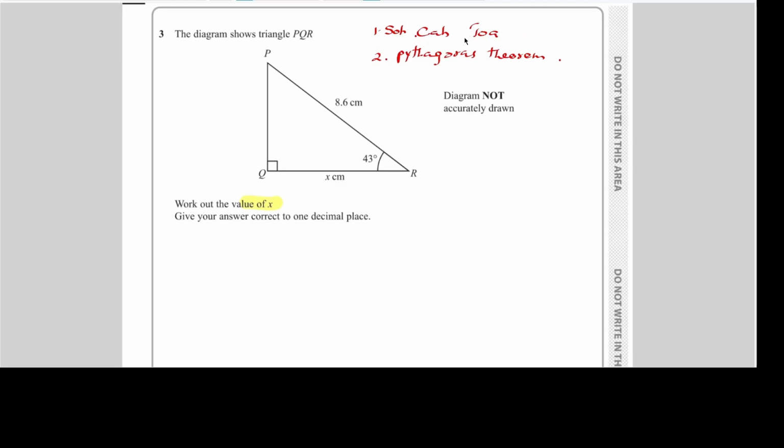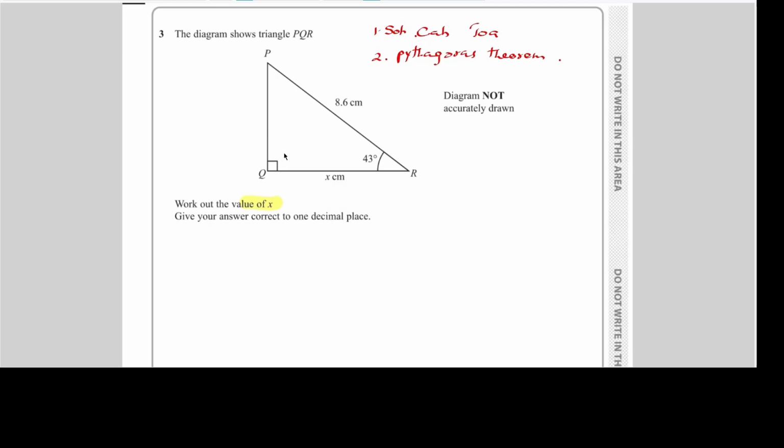SOHCAHTOA: SO means sine equals opposite over hypotenuse. CAH is cos equals adjacent over hypotenuse. TOA is tan equals opposite over adjacent. So how do you label these three sides when you have to deal with a SOHCAHTOA question?